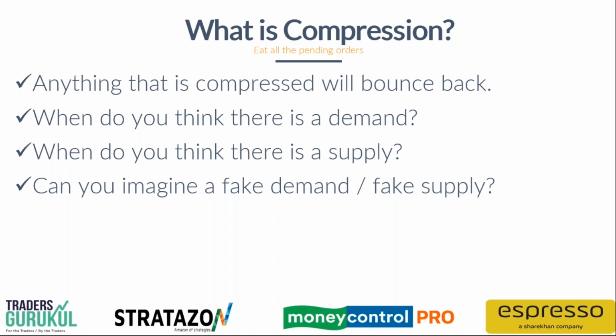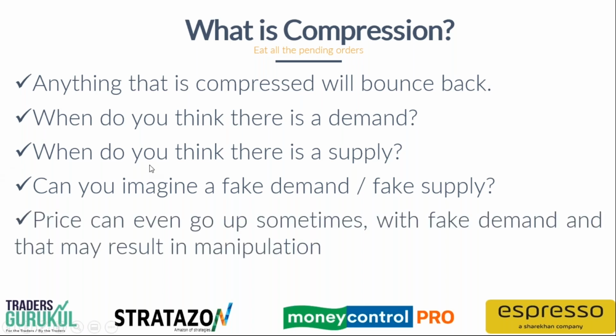It is a part and parcel of the economy if it is not tracked properly. Price can even go up sometimes with fake demand. It can go down sometimes with fake supply. That is manipulation. That is what we are going to discuss, a very simple and unique concept which can definitely do justice in a span of 1.5 hours.